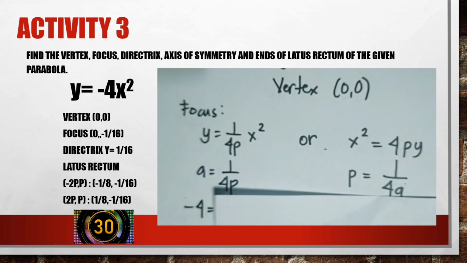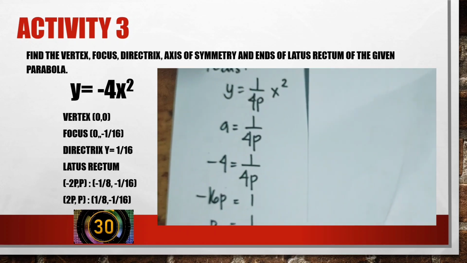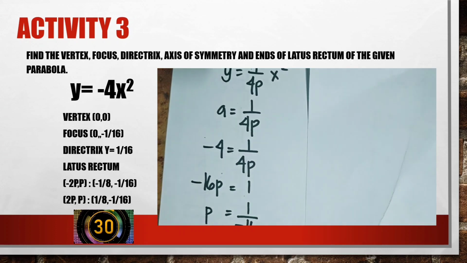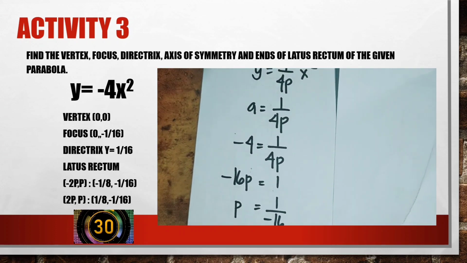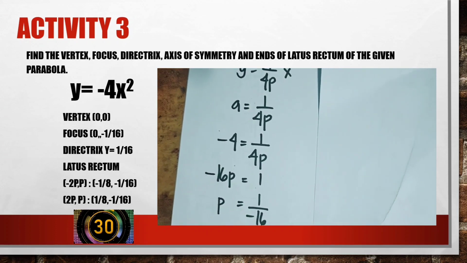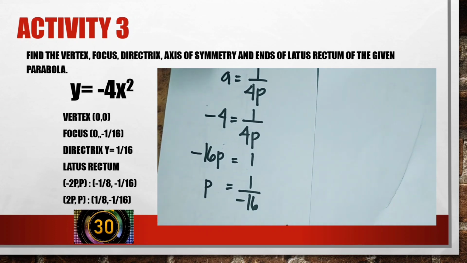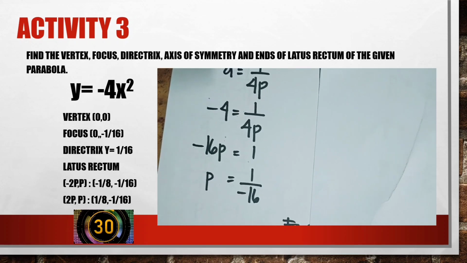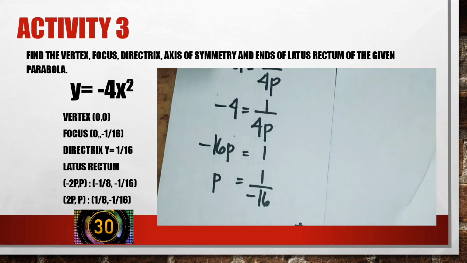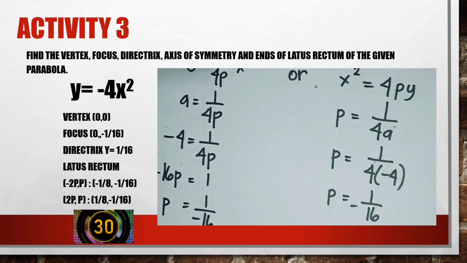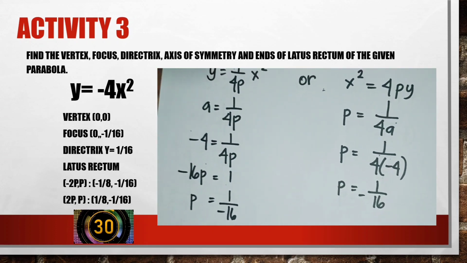A is equal to 1 over 4p, and the value of our numerical coefficient is negative 4. Negative 4 is equal to 1 over 4p. Again, cross multiplication, we have negative 16p is equal to 1. Divide both sides by negative 16, therefore, p is equal to negative 1 over 16.